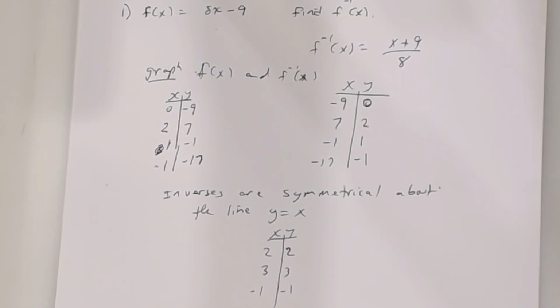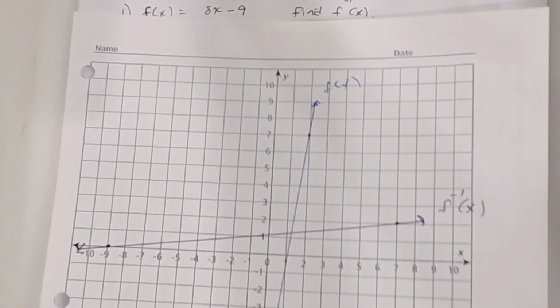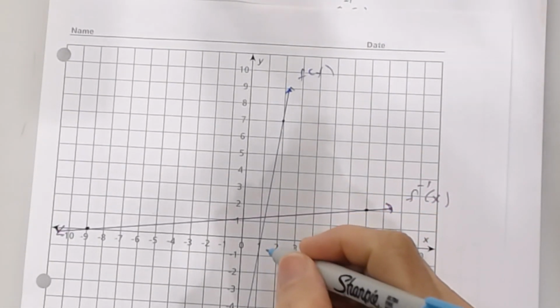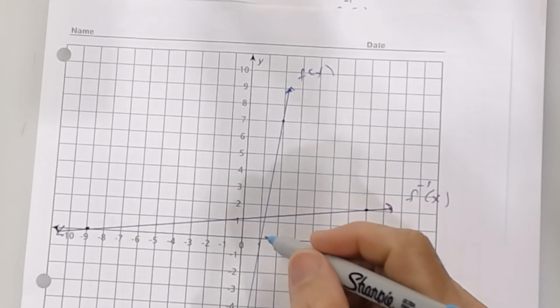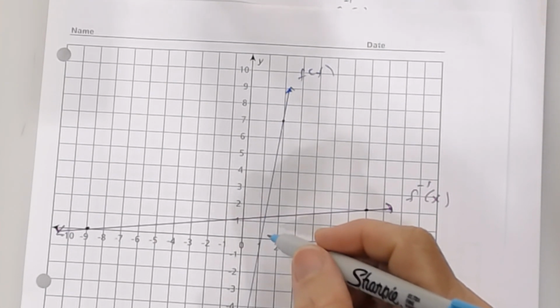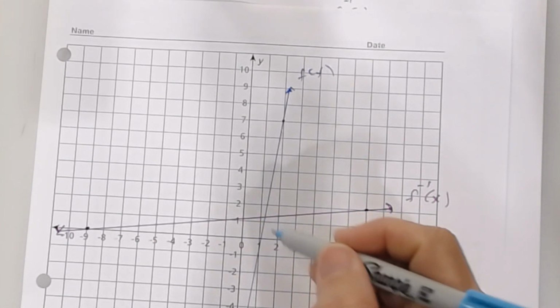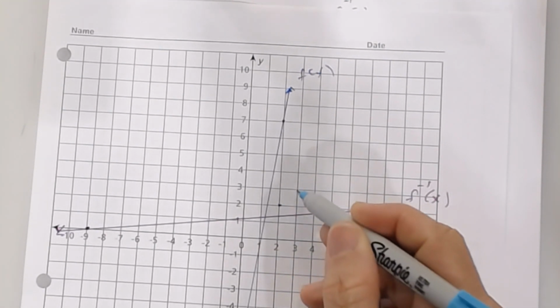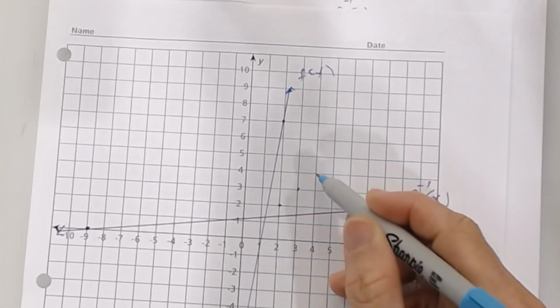So if I draw that line, y equals x, I want you to think about which quadrants that line goes through. Well, 1 and 3. First of all, you do know that from what we just talked about, the x and y coordinates have to be the same, correct? So if x is 2, what's y? 2. If x is 3, what's y? 3. If x is 4, what's y? 4.